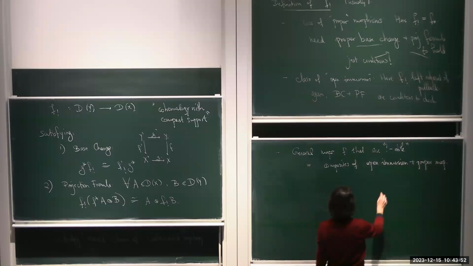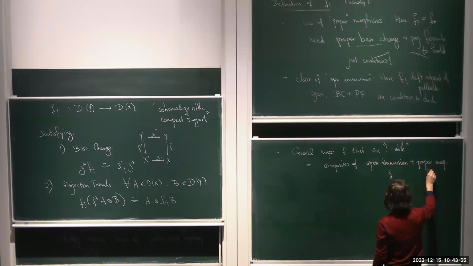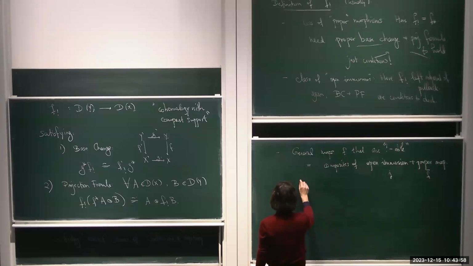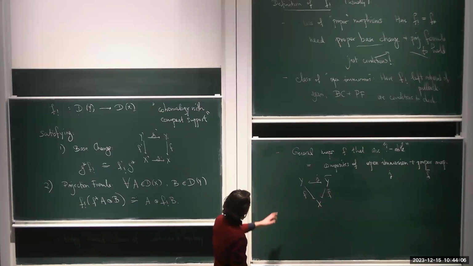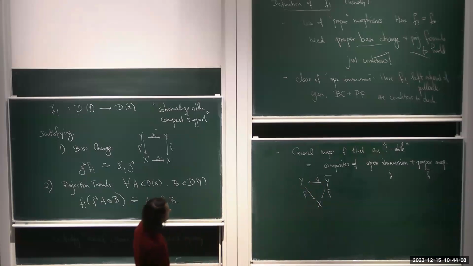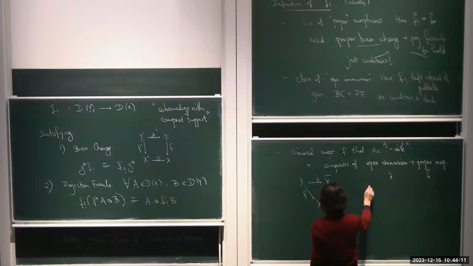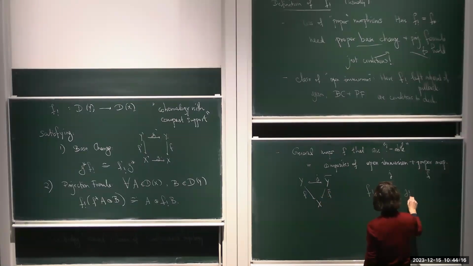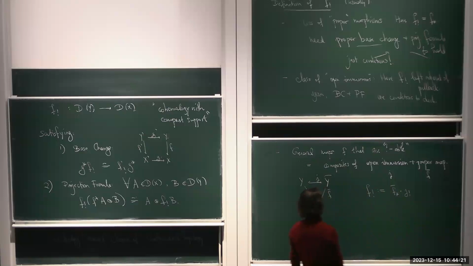So we have an open immersion, let's call it j, and a proper map f bar. So the idea is that these maps that you can choose are the ones which you can somewhat compactify, like that. And then you want to declare that the f lower shriek is the composite of the j lower shriek and f bar lower shriek, where in the proper case f lower shriek is f lower star. So here's this left adjoint of pullback, here's the right adjoint of pullback.